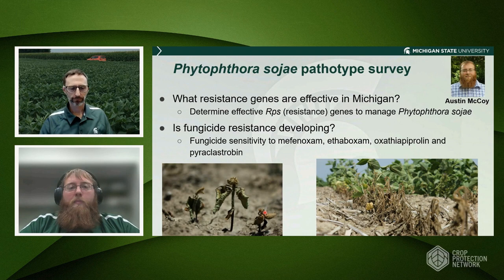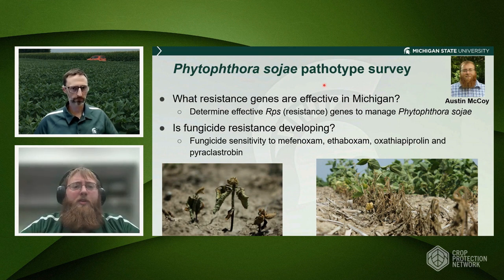Yeah. So previously we've been referring to Phytophthora sojae by races, which a race would determine which resistance genes were effective against the pathogen. We've started to transition away from that towards referring to isolates of Phytophthora sojae by pathotype. And that is just a list of resistance genes that the isolate can overcome so that it's a lot easier to talk about with folks and we can identify, what resistance gene do you have in your field?